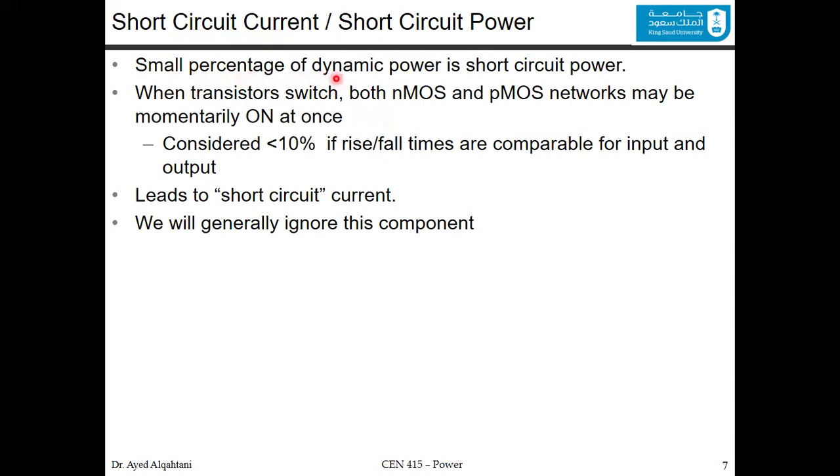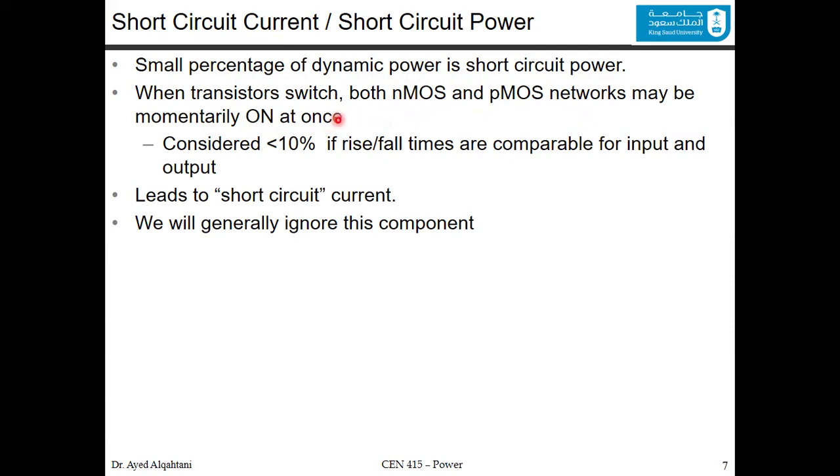Now, a small percentage of the dynamic power is short circuit power. When a transistor switches, both the NMOS and the PMOS network may be momentarily on at the same time. At this time, you will have a connection between VDD and ground. But it's not for a long period of time, otherwise we would burn the circuit.